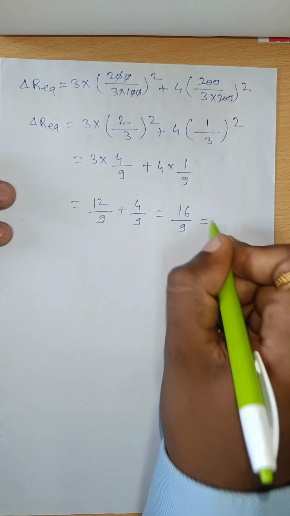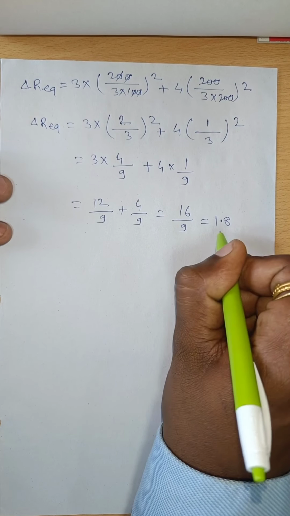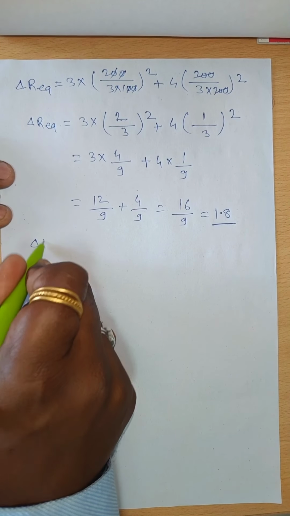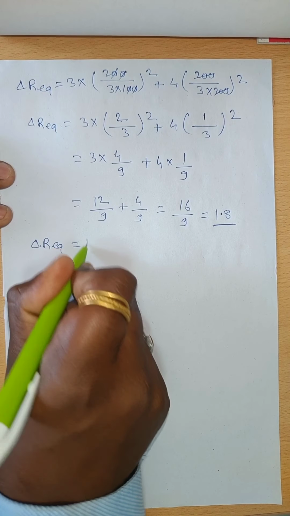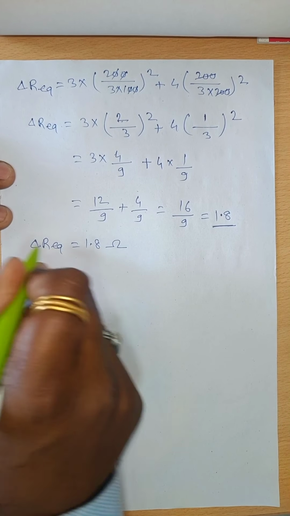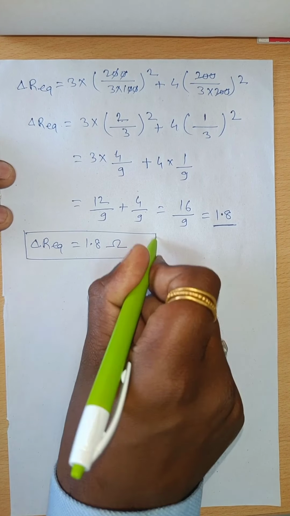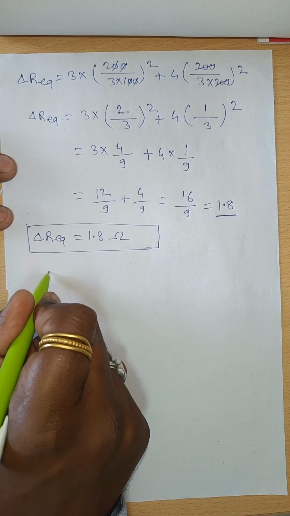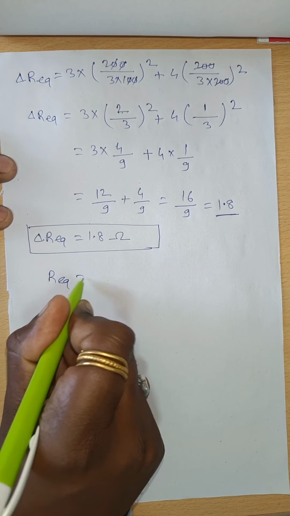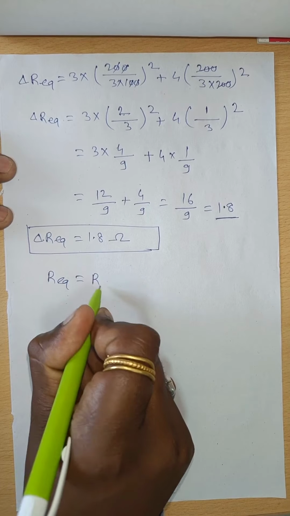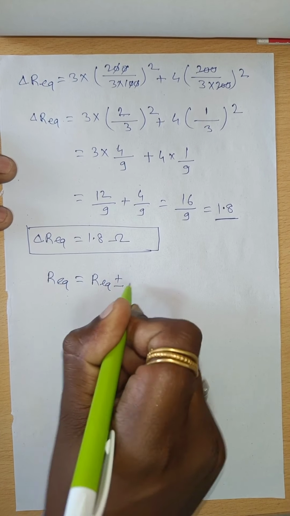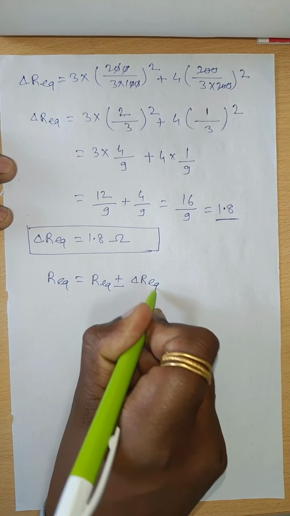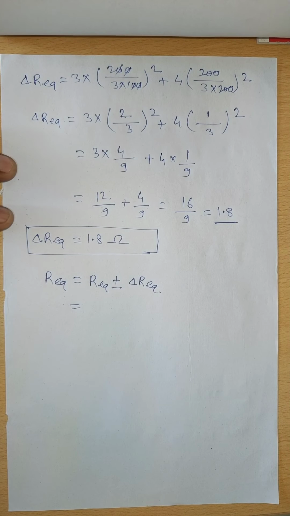16 by 9 is approximately 1.8. Therefore delta R equivalent is equal to 1.8 ohms. Therefore R equivalent is equal to R equivalent plus or minus delta R equivalent.